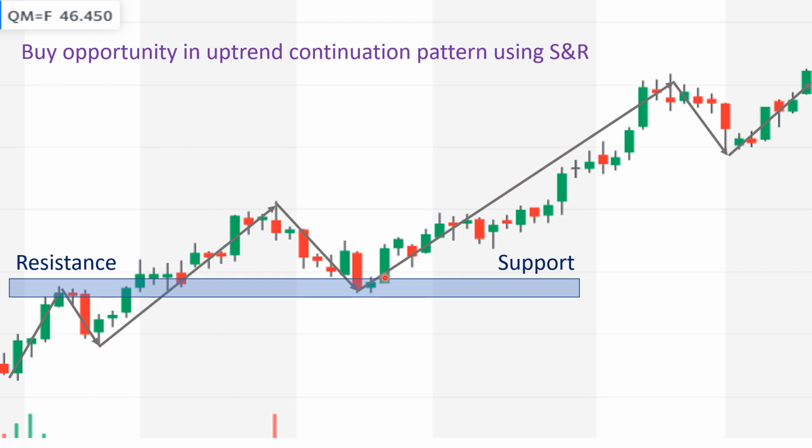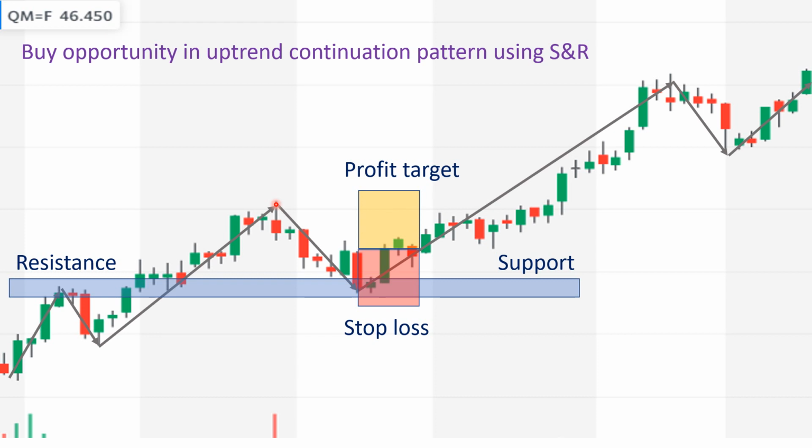Now it provides a buy opportunity here, so we can enter the trade at the close price of this bullish candle, and we put our stop loss just a bit below the support, and also we put our profit target just a bit above the previous swing high, and that's how we use our stop loss and profit target.